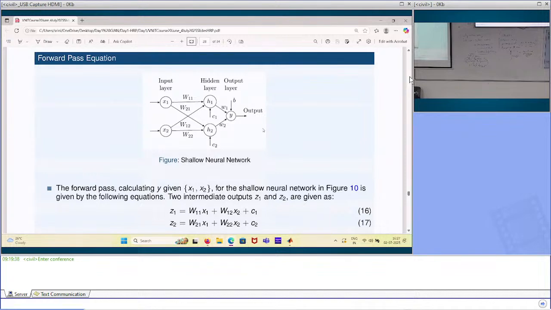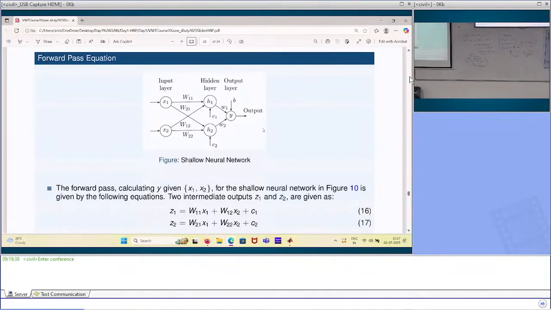So input is x1. So H1 is what we feed to the next stage. What is the value of H1? It will be the summation of both the inputs multiplied with their respective weights.